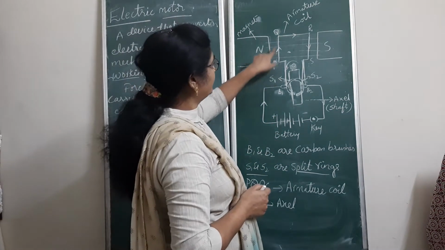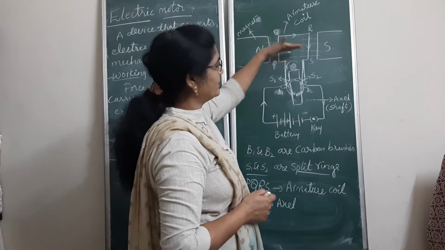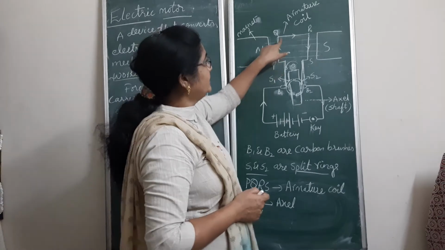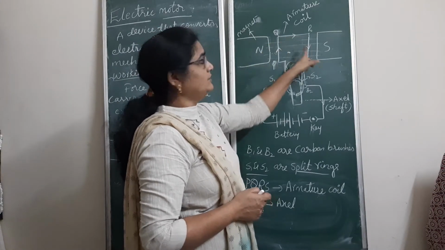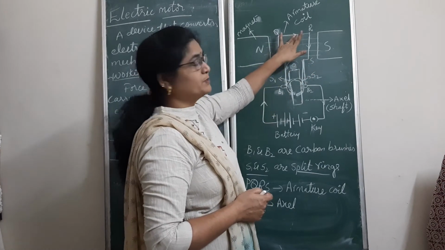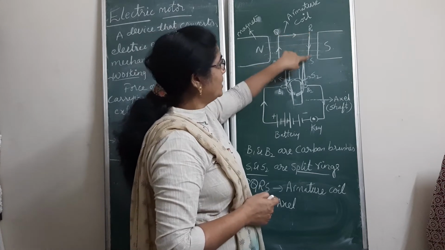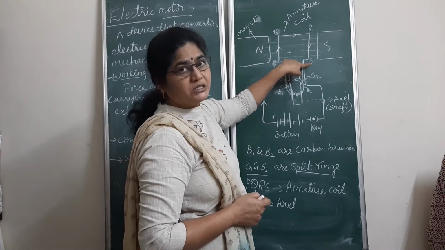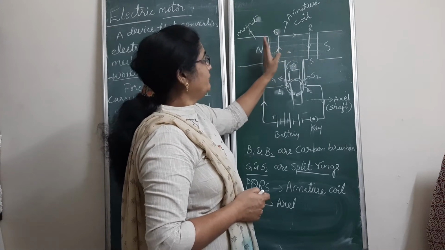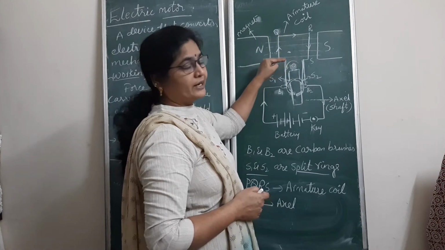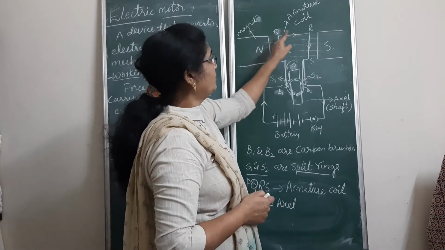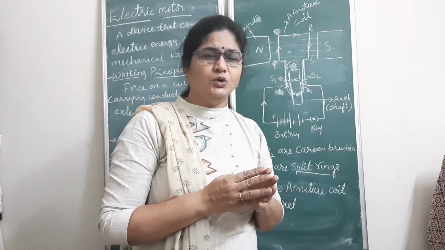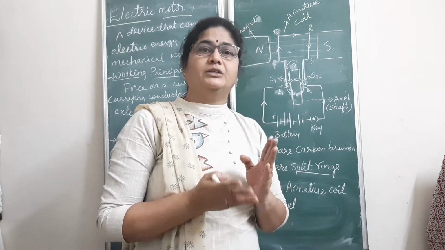PQ is perpendicular to the external magnetic field, so it experiences maximum force, whereas QR is parallel to the field direction, so it doesn't experience any force. RS is again perpendicular to the field, so it also experiences force. So in the rectangular armature coil, PQ and RS experience the force. As a result, there will be a turning effect.